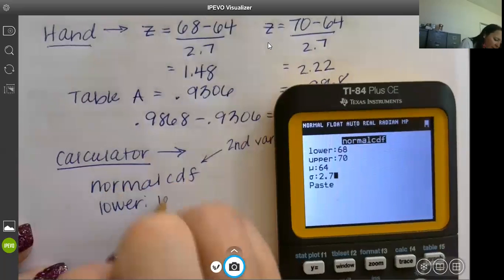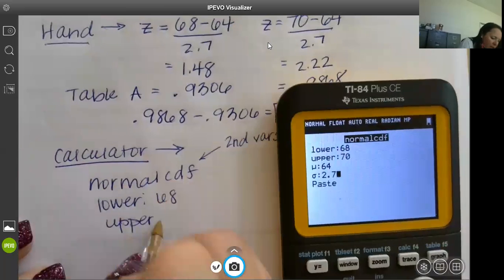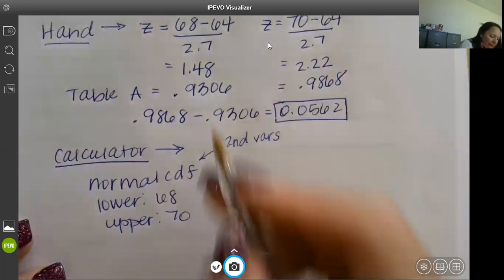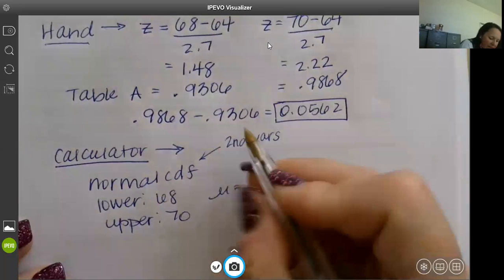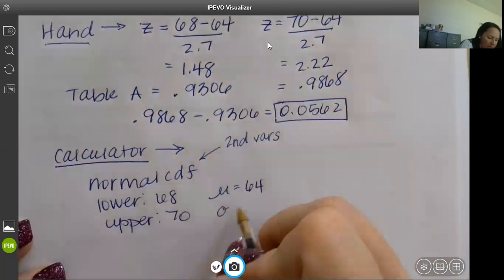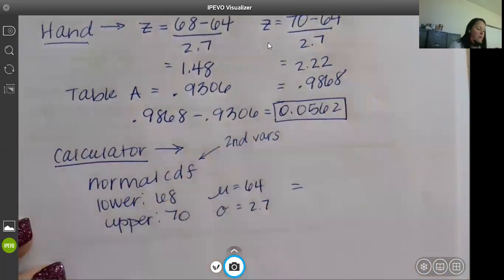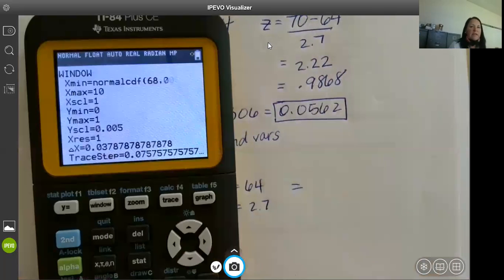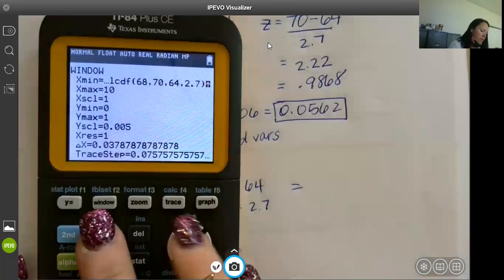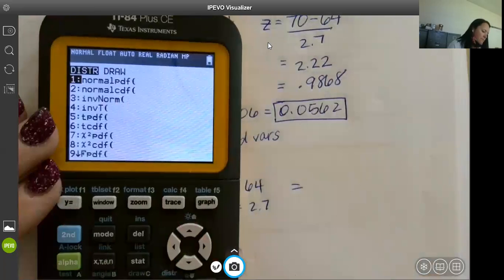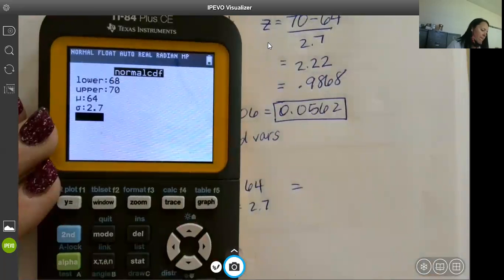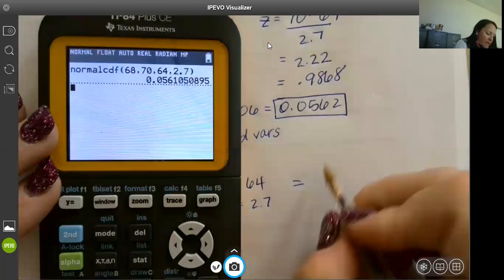Lower is 68. Upper is 70. Mean is 64. Standard deviation is 2.7. And when we paste it in, sorry, y'all, it would help if I was not in there. We get the same thing.